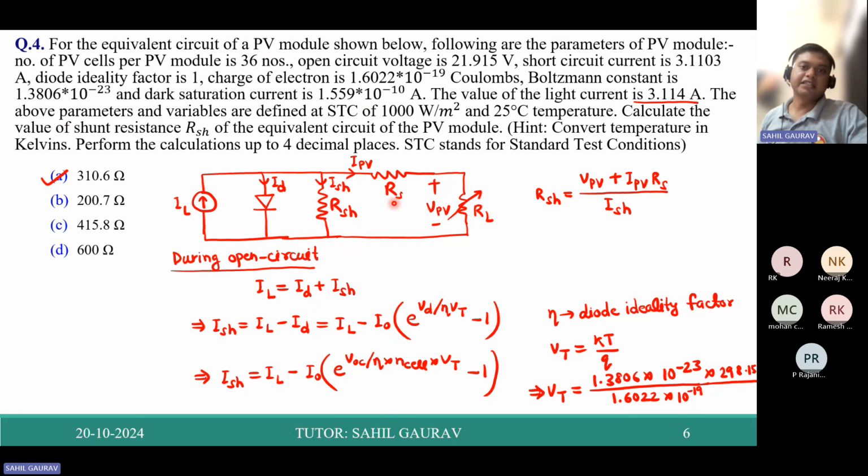Now suppose you have to find the series resistance value. Then what condition do you have to apply? You have to apply the short circuit condition so that IPV becomes ISC. So you apply the open circuit condition for finding the shunt resistance value, and the short circuit condition for finding the series resistance value.